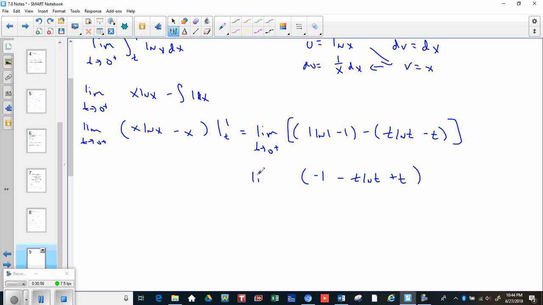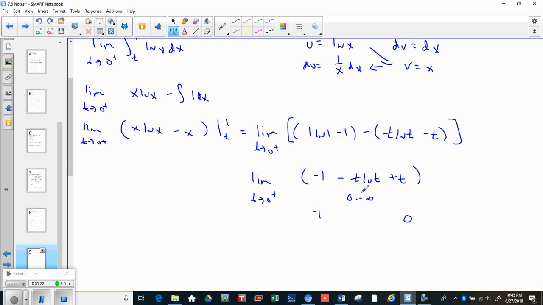I still have to take the limit as t approaches 0 from the right. Well, the limit of negative 1 is negative 1. If I plug 0 into this t right here, I get 0. If I plug zeros in here, this is where we have a problem. This would give me 0 for this t, but the natural log, as we approach 0, goes to negative infinity. So I would get that form 0 times a negative infinity, which again is indeterminate.